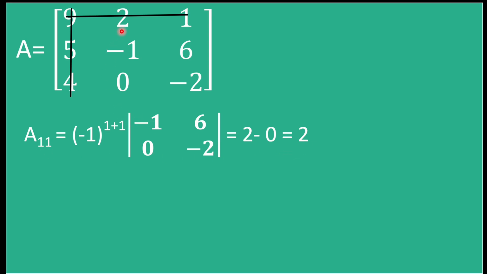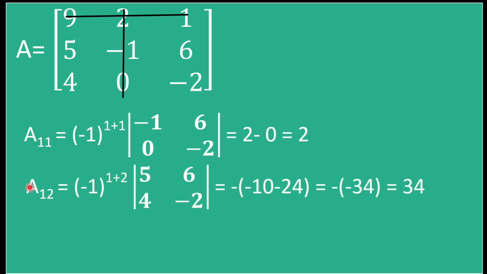And now we will determine this A12. For A12, we will eliminate this first row and second column, and then we will write minus, and we will write here in the power 1 plus 2. Now we will write in this determinant 5 and 6, 4 and -2, and similarly we will multiply this, so it will become -10, and then minus, and we will multiply this 4 with 6, so it will become 24.